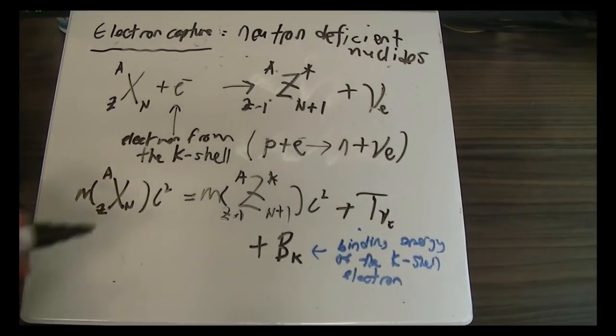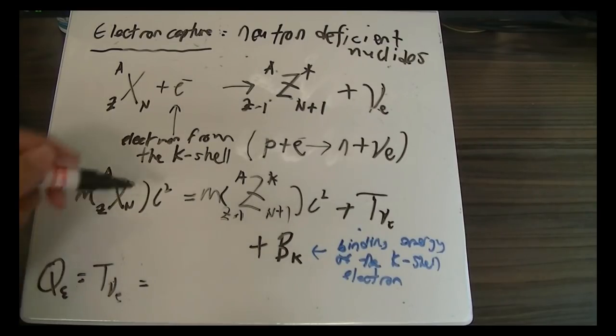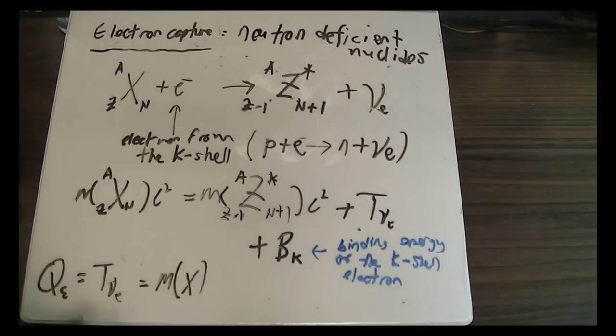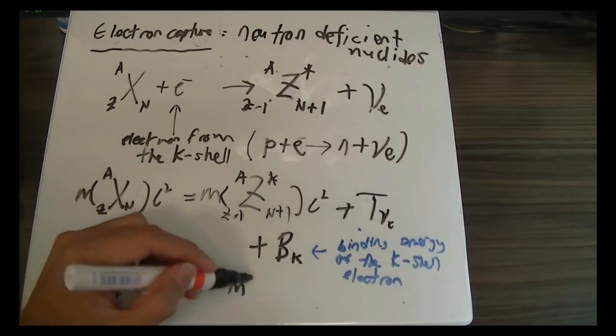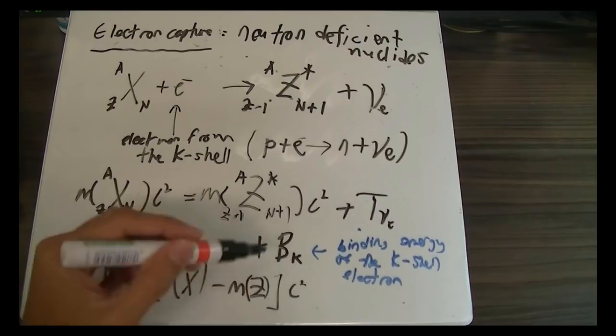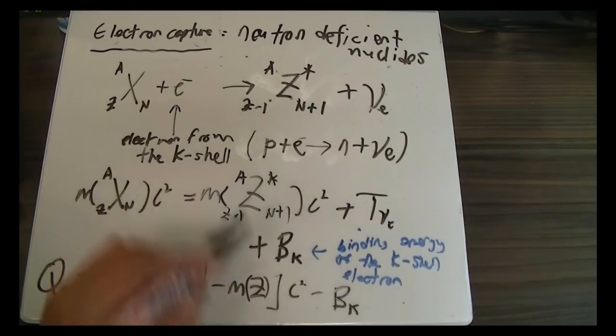And lastly, the Q value. So the Q value, I use this symbol, is equal to only the kinetic energy of the neutrino, which is equal to the mass energy of the parent minus the mass energy of the daughter, times c square, minus the binding energy of the K shell electron.